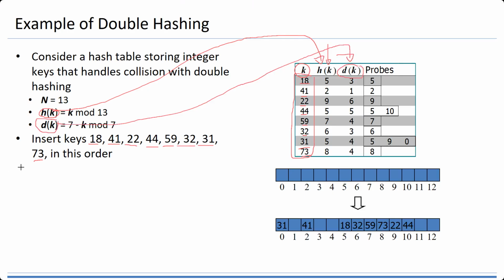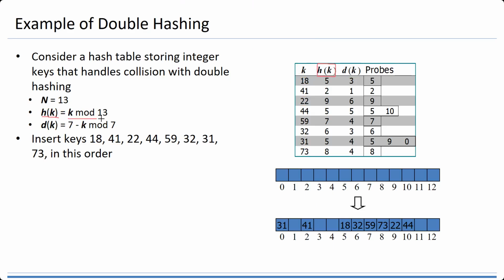Now, how do we calculate h(k)? h(k) equals k mod 13. Then 18 mod 13. What is the value? The value is 5. And then we have d(k). d(k) equals 7 minus (k mod 7).